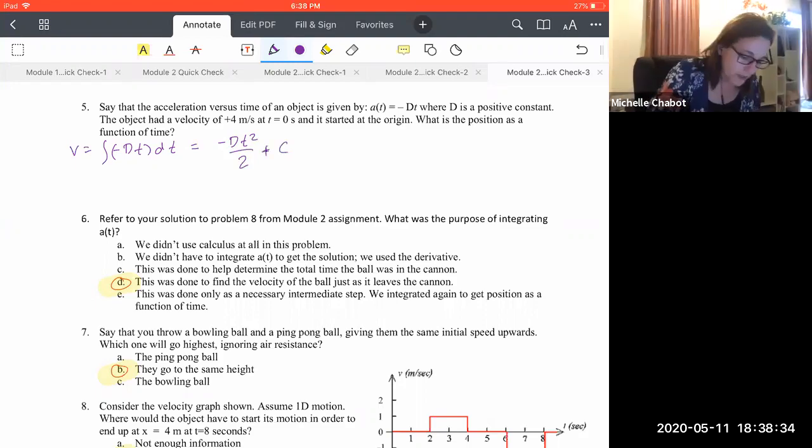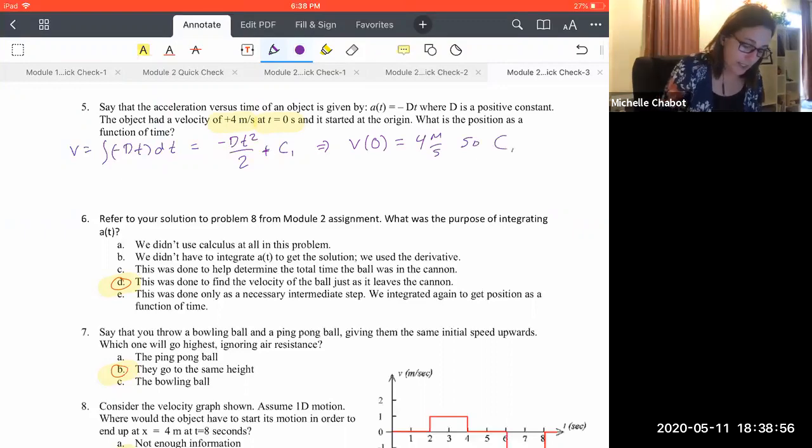Now I'm going to call this C1 because we're going to integrate twice, so we're going to have 2 constants of integration. So C1 here is my constant of integration, and because v at t equals 0 is 4 meters per second, so v of 0 equals 4 meters per second.